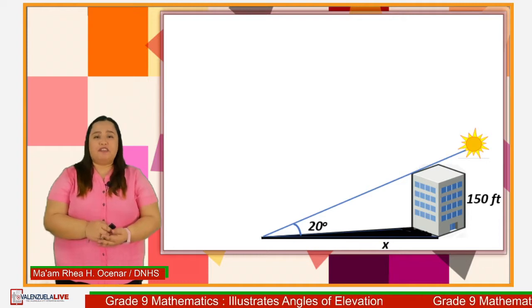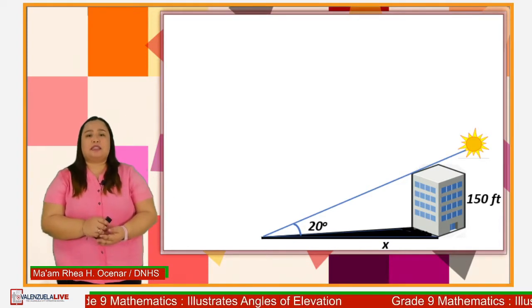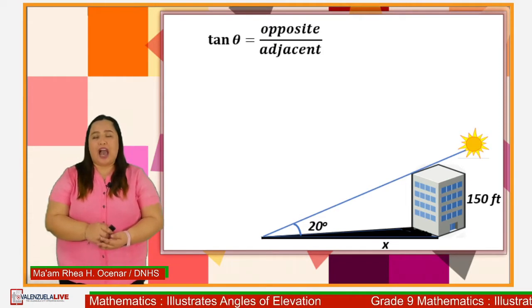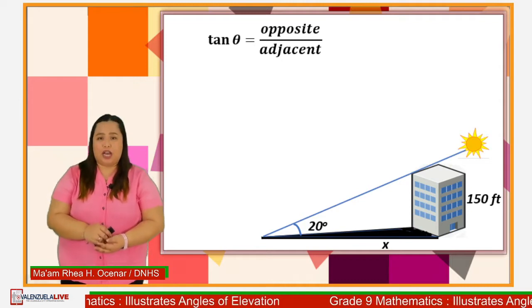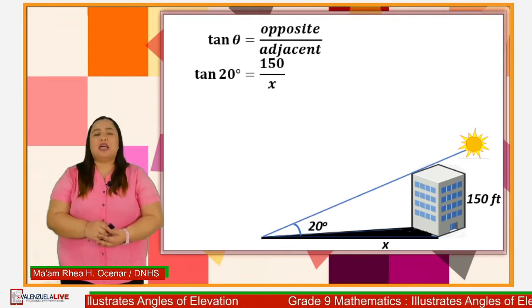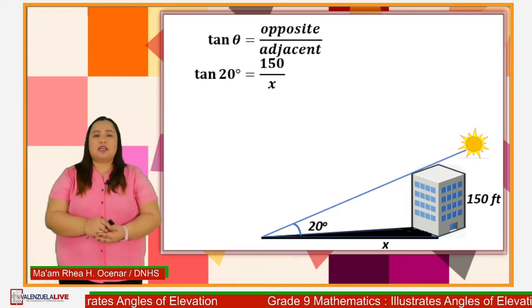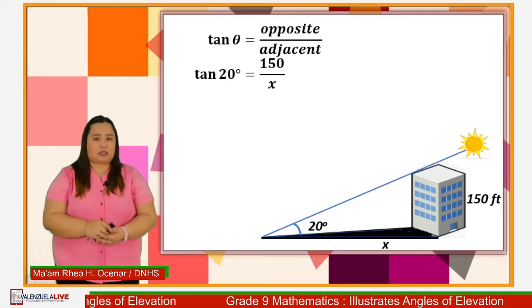Based on the given in the diagram, the function to be used is tangent. So we have tangent theta is equal to opposite over adjacent. By substitution, we have tangent 20 degrees is equal to 150 over x.